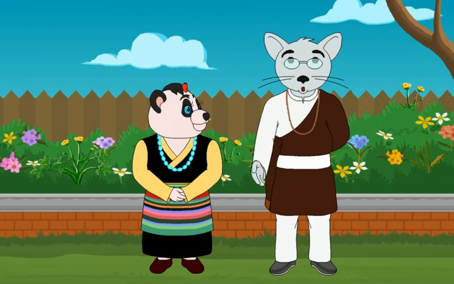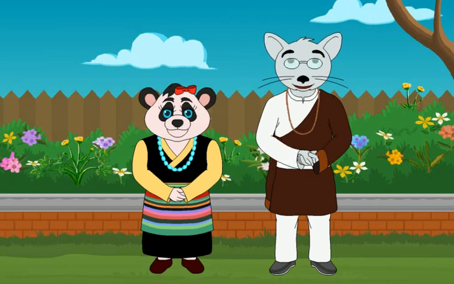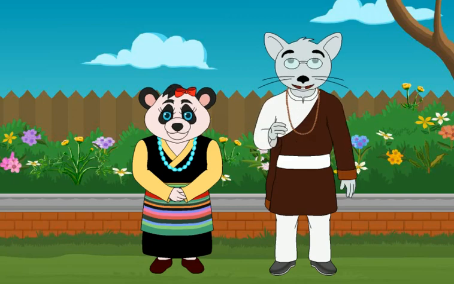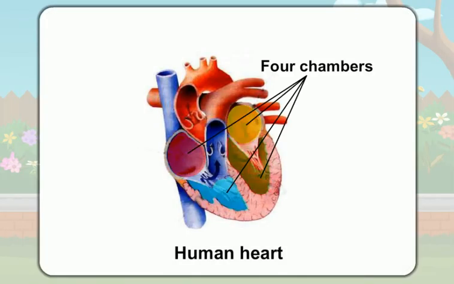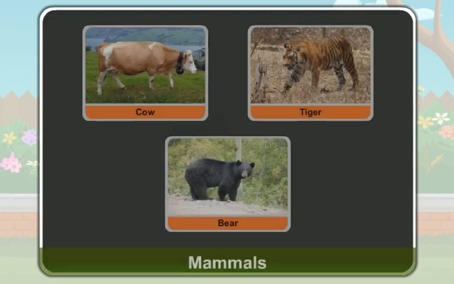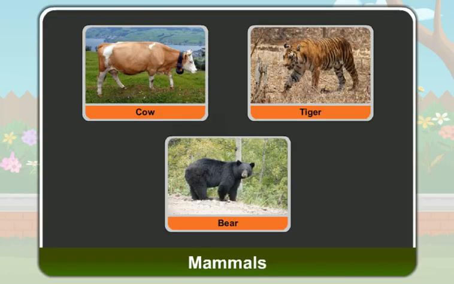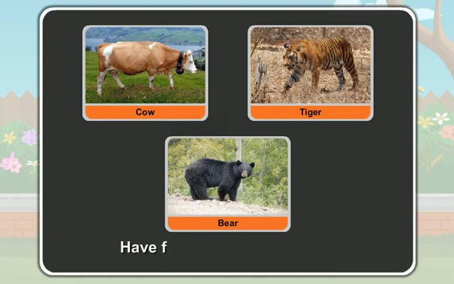Now, let's have a look at the heart of human beings. There are 4 chambers in the human heart. Like the human beings, mammals like a cow, a tiger, and a bear also have 4-chambered hearts.